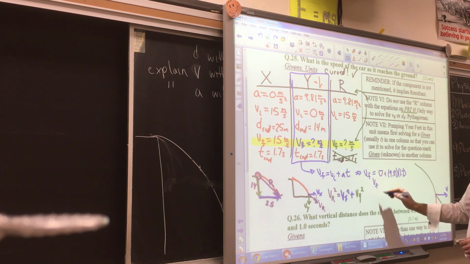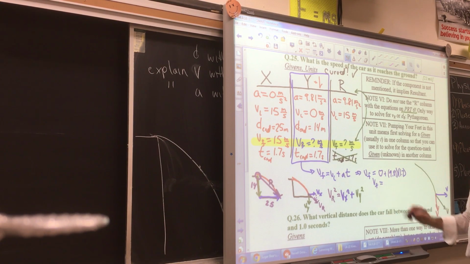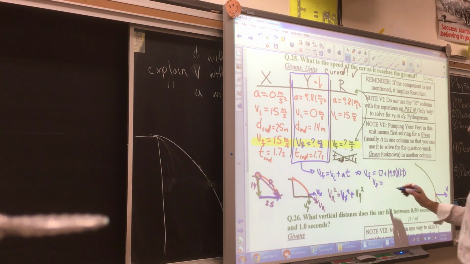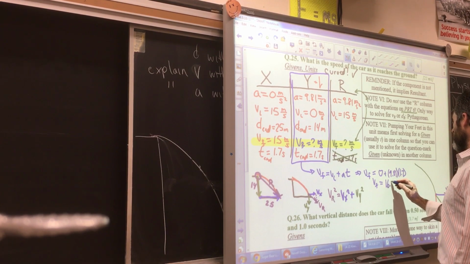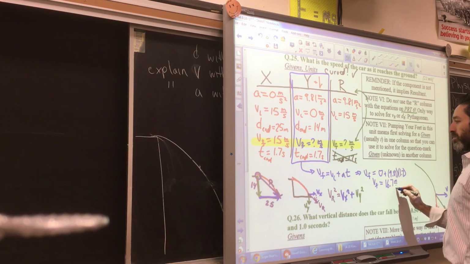And that will give you a Vf in the y direction of 16.67, so around 16.7 meters per second.